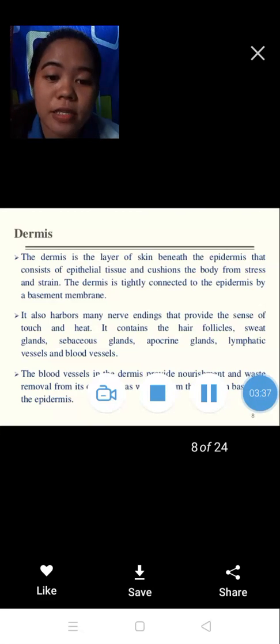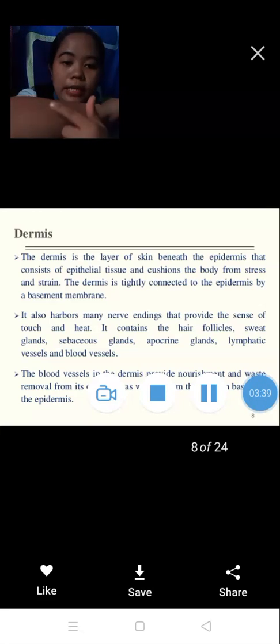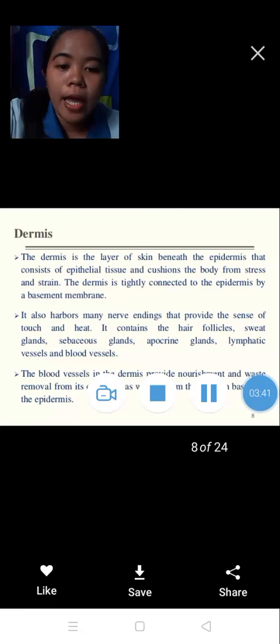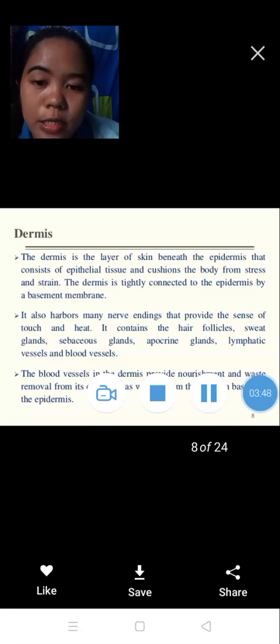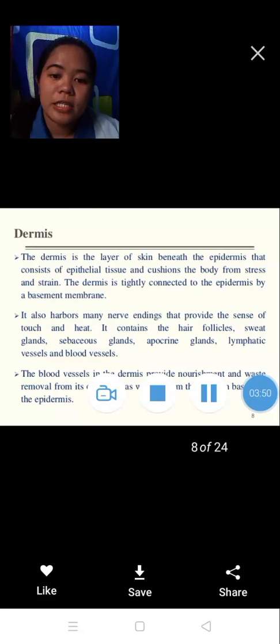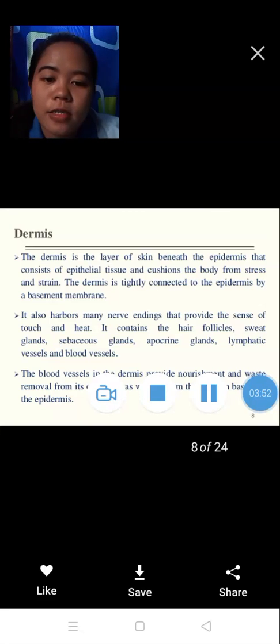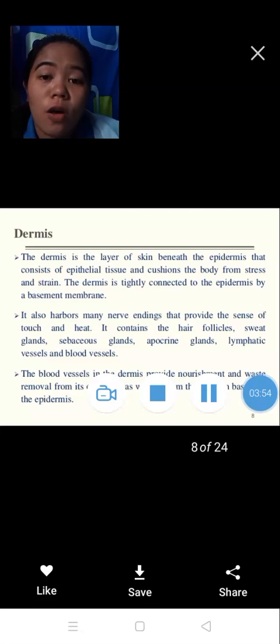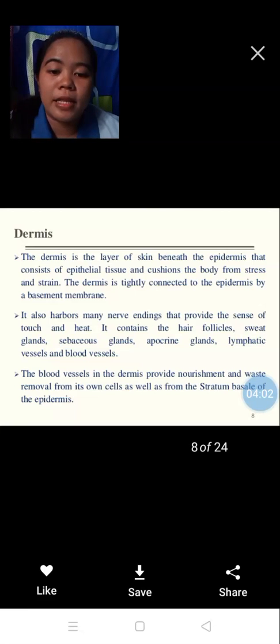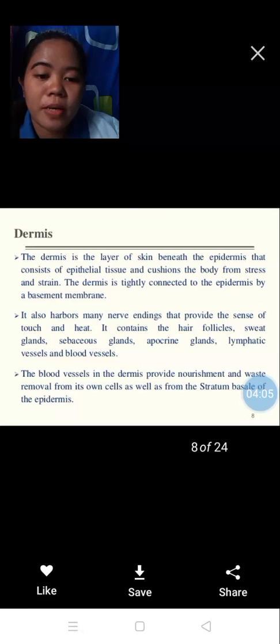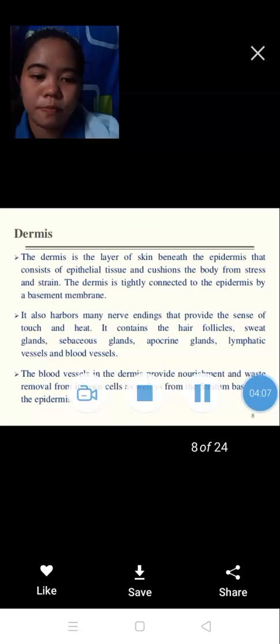It contains the hair follicles, sebaceous glands, apocrine glands, lymphatic vessels, and blood vessels. The blood vessels in the dermis provide nourishment and waste removal for its own cells, as well as for the stratum basale of the epidermis.